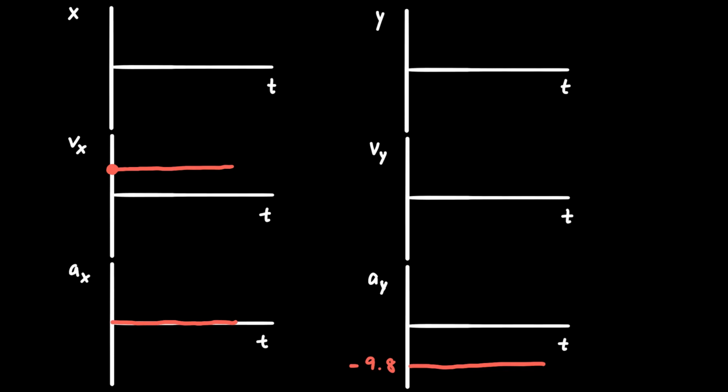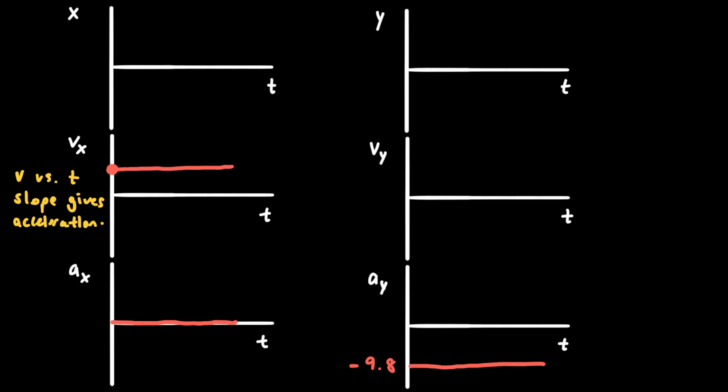And the reason for that is the slope, the v versus t slope, gives the acceleration. And so if my acceleration is a constant value of 0, this line better have a constant slope of 0.